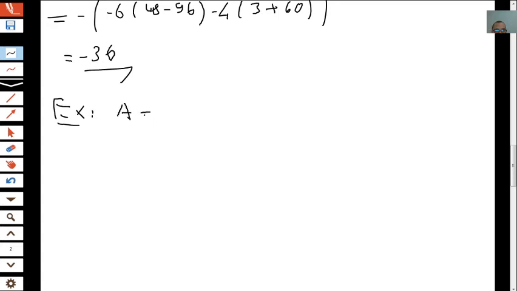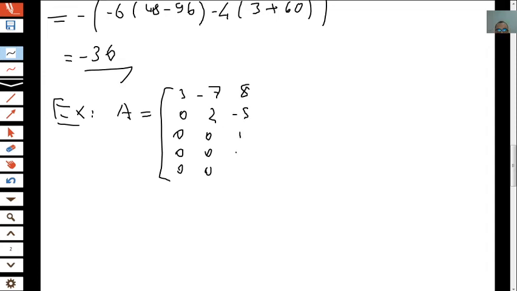The matrix A is given by 3 0 0 0 0, minus 7 2 0 0 0, 8 minus 5 1 2 0, 9 7 5 4 minus 2, minus 6 3 0 minus 1 0.